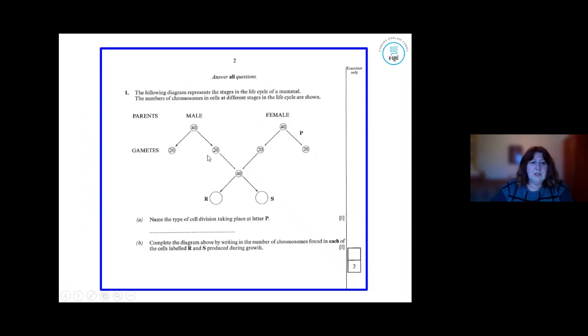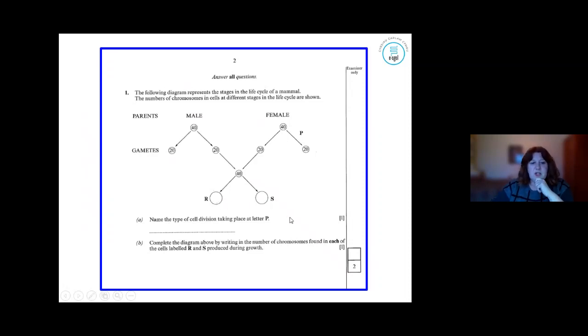So the male produces gametes of 20, the female produces gametes with half the number of 20. And then something's happening to the male gamete and the female gamete because they are producing a cell that's now the same as the body cell in the parents that we started with. And then after that point, more cells are made, R and S.